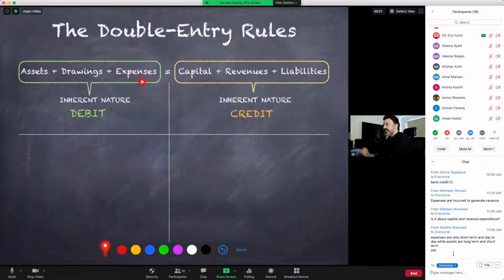So expenses usually represent acquisition or purchase of immaterial services, and that happens very frequently on a day-to-day basis in a business environment, like what Madiha has mentioned in the text box here. So examples of expenses are rent you are paying, your heating and lighting bills, the salaries of your employees. These are the amounts that you pay in order to buy the services, intangible services.